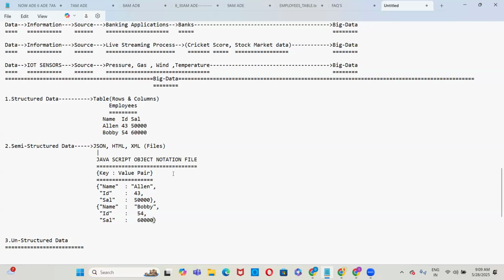That's it. There are no further rows, hence the bracket is closed like this. So now this is called a key value pair.